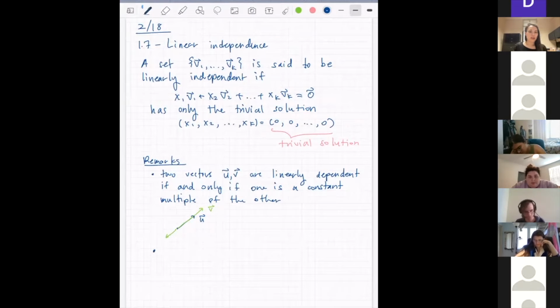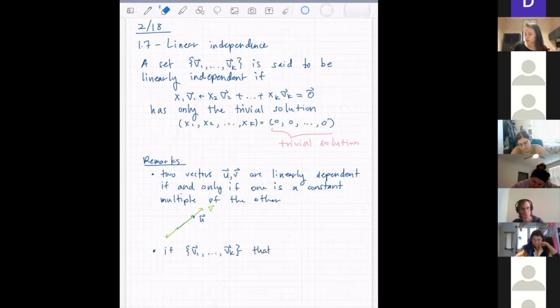Also, if you have a collection of vectors that includes the zero vector, so if one of these vi's is the zero vector, then your collection is linearly dependent.